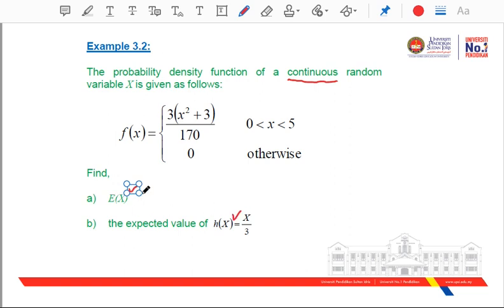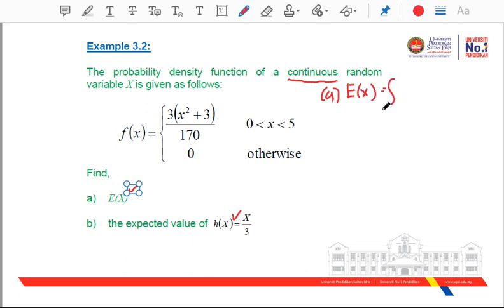Keep in mind it is continuous. I just show you how to do it, but later on you need to do it again. So for question a, you need to find E(X).